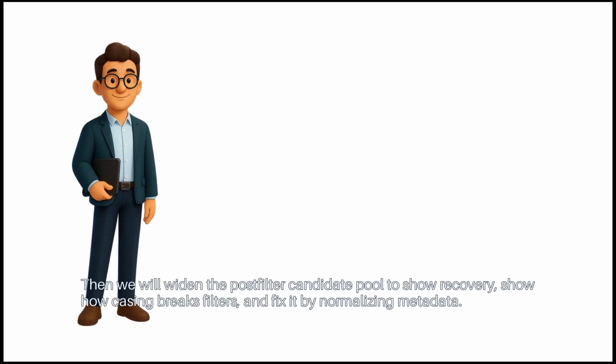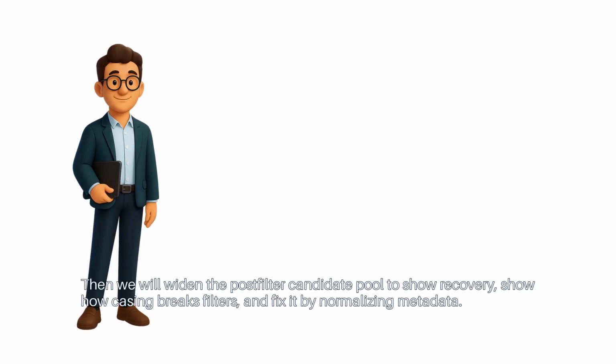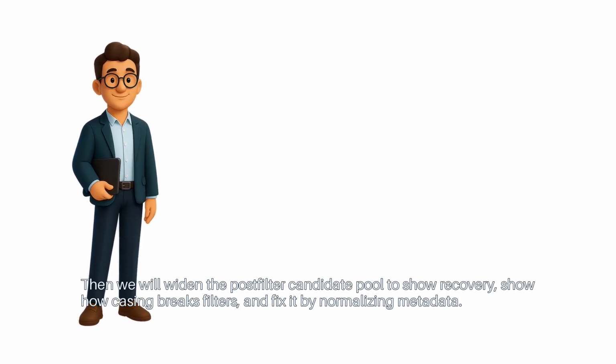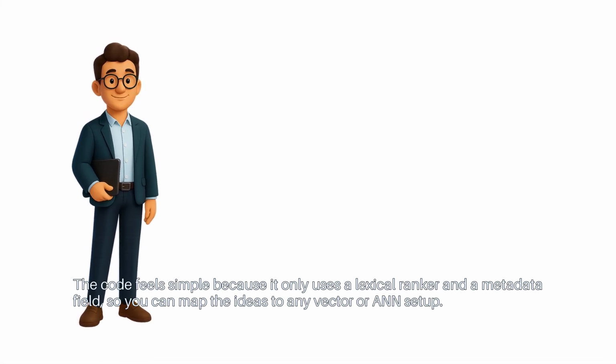Then, we will widen the post-filter candidate pool to show recovery, show how casing breaks filters, and fix it by normalizing metadata. The code feels simple because it only uses a lexical ranker and a metadata field, so you can map the ideas to any vector or ANN setup.